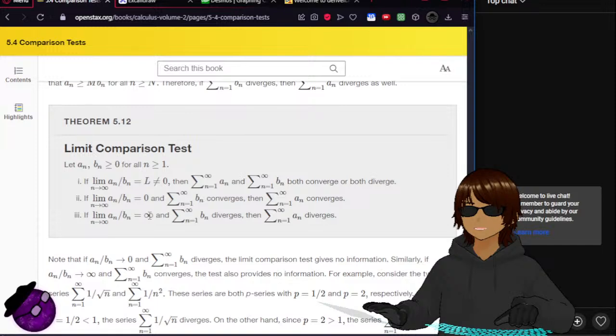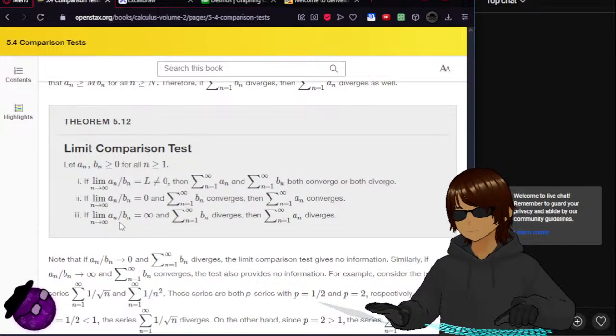Otherwise, we would reach a limit. If bn diverges, then the total limit gets smaller and smaller. So if an converges, then we would reach a limit, right?